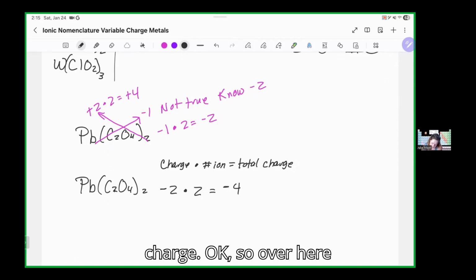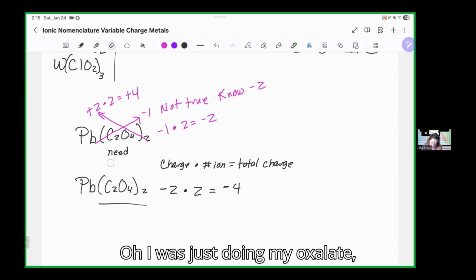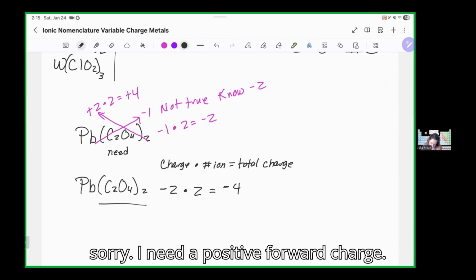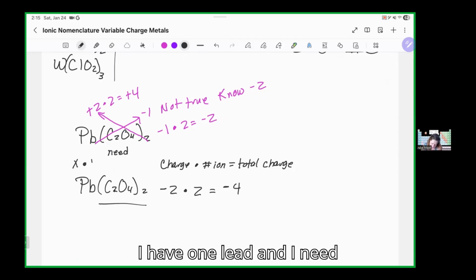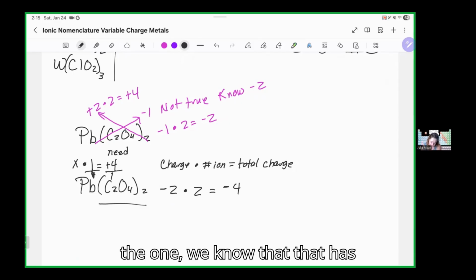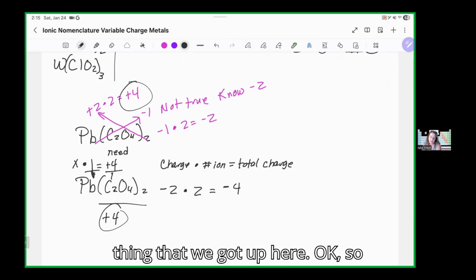So over here, I need a +4 charge. I have 1 lead and I need a +4. So if we divide by the 1, we know that has to be lead 4. Same thing that we got up here.